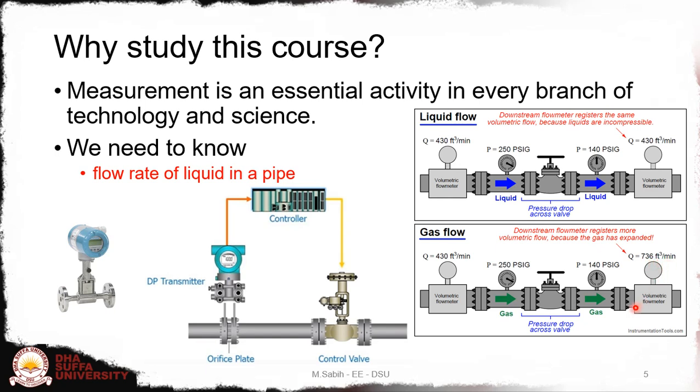So in this situation, we need a computer to make the proper correction, based on this pressure drop. There will be some formula in which we have this pressure information, and then we will be able to calculate this value exactly. So this is another good application of measurement in the industrial automation area.